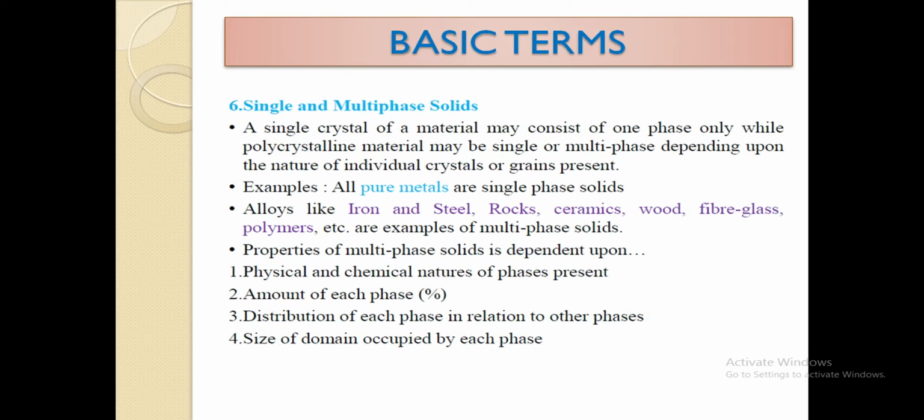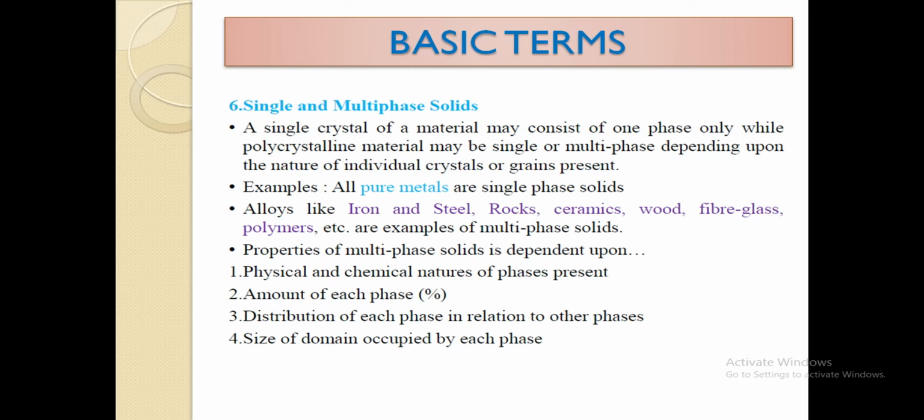Single and multi-phase solids. A single crystal of a material may consist of one phase only, while polycrystalline material may be single or multi-phase depending upon the nature of individual crystals or grains present. For example, all pure metals are single phase solids.